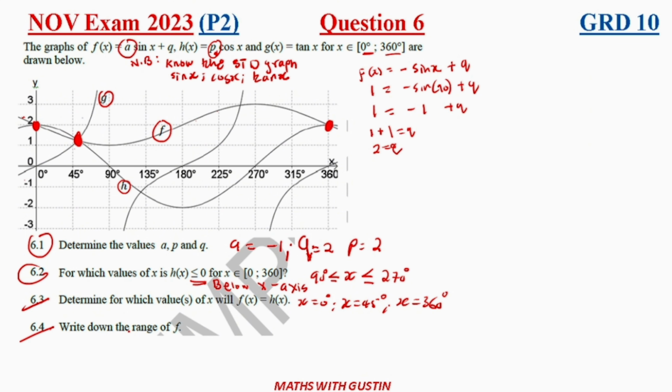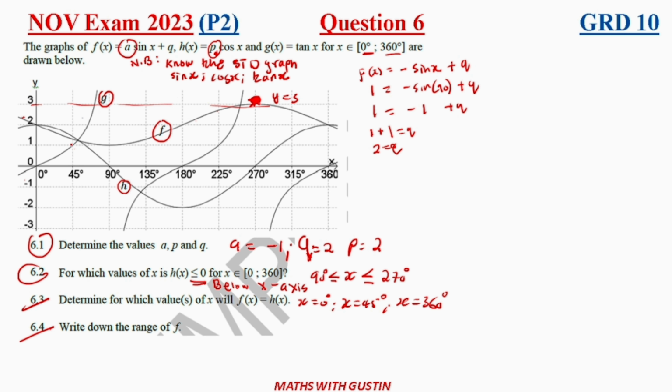6.4 says write down the range of f. Okay, the range of f is referring to the y values of f of x. So let's come here and have a look at the y values where this graph is sitting. So here is f of x. As you can see, the maximum value that this graph goes to is this one here, which is what? y is equal to 3.